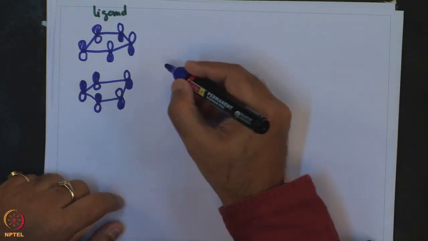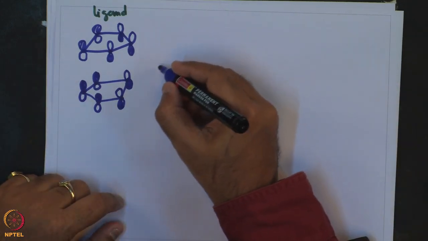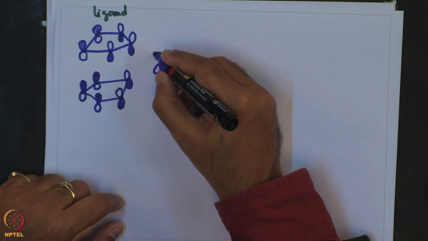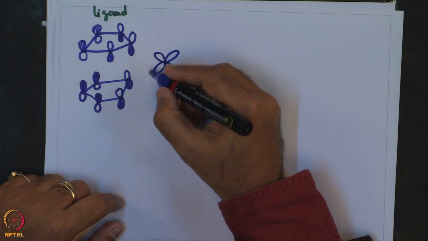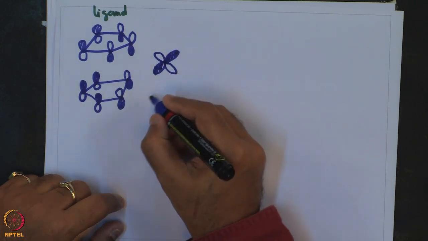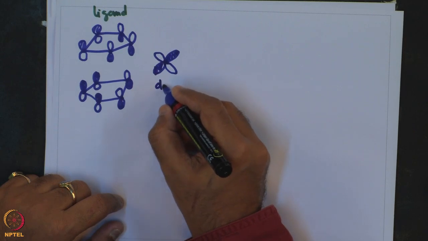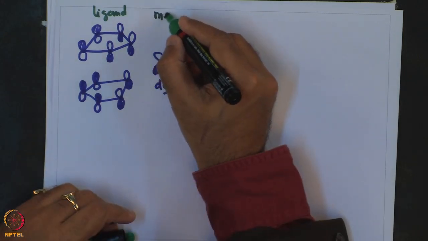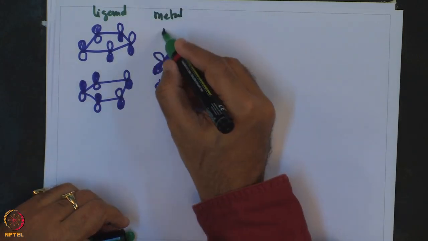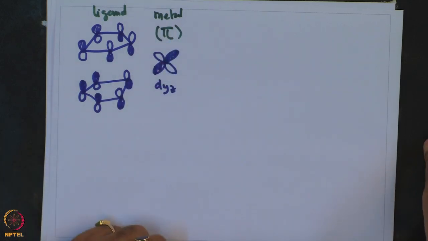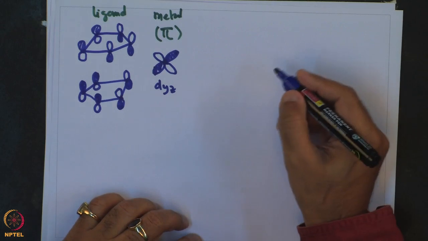And the metal orbital interacting with it is d y z, and this is a pi type interaction.